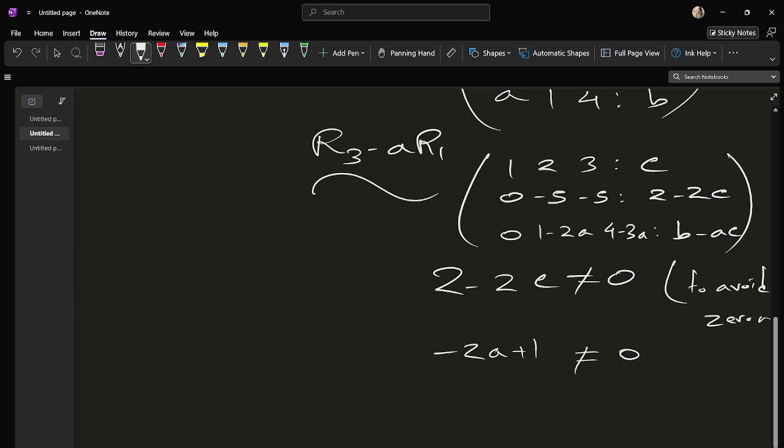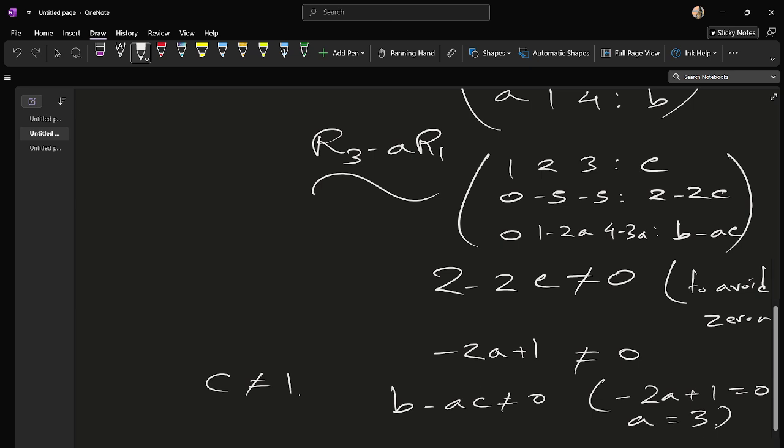Simplifying the conditions, 2 minus 2c not equal to 0 gives c not equal to 1. Now looking at the last row, b minus ac has to be not equal to 0 since the remaining coefficient is 0, and that will happen when a is equal to 3.